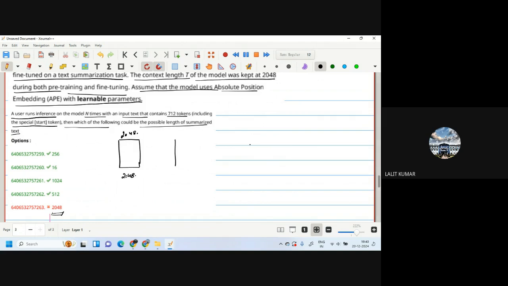Now during inference, my first token has to be start, then only it will start, and the last token is end. So effectively, how many tokens can it generate? If it has been trained on 2048, then 2048 minus 1, 2047.